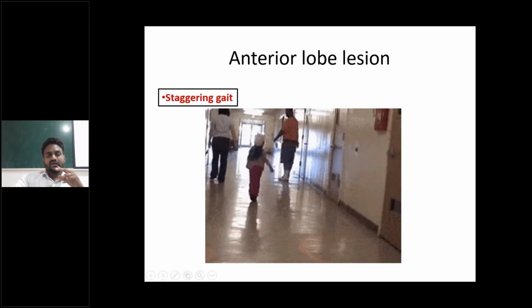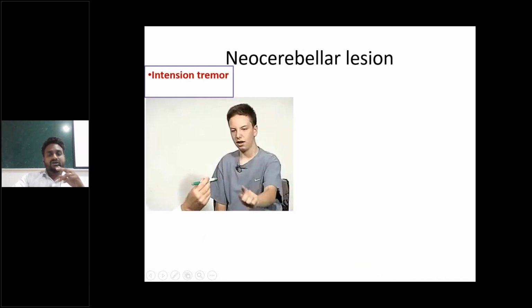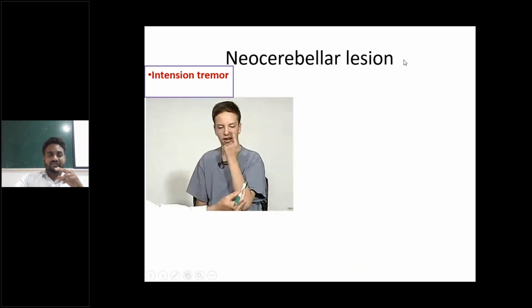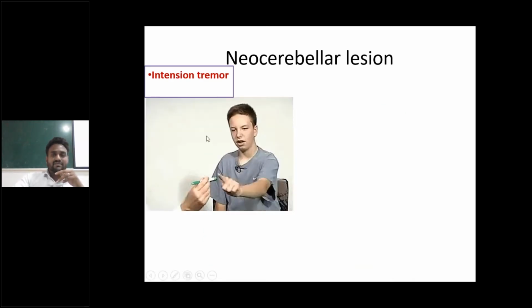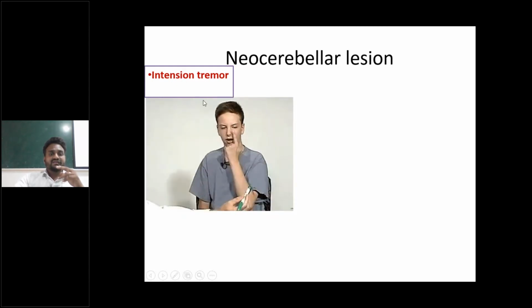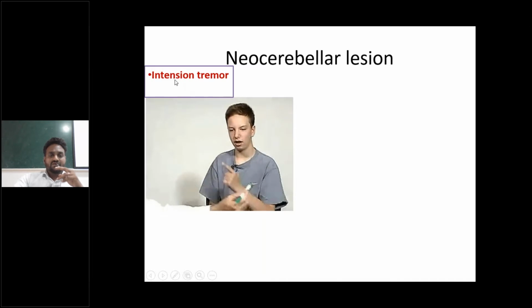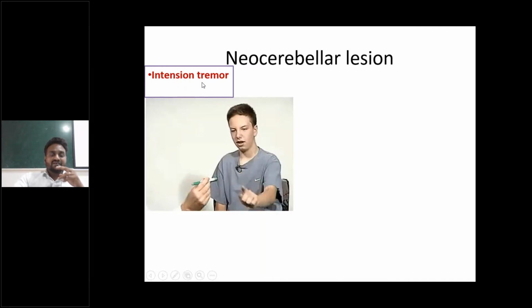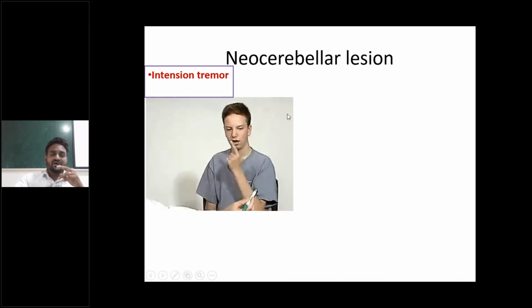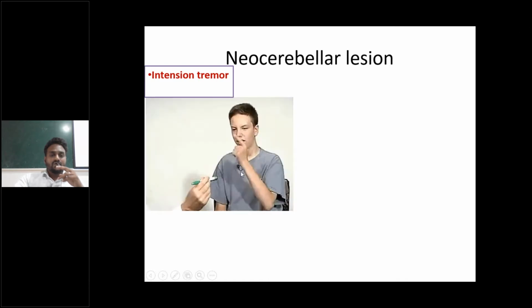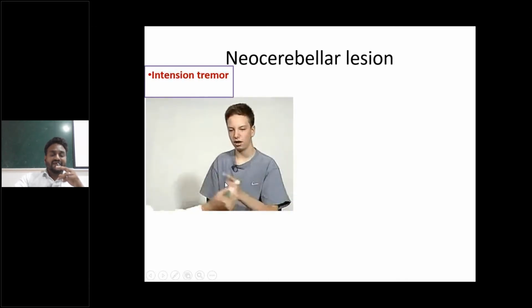Now we come to the third lesion, the neocerebellar lesion. Under the neocerebellar lesion, first you learn the intention tremor. Tremor means shaking. Observe this person, the movements of his index finger.